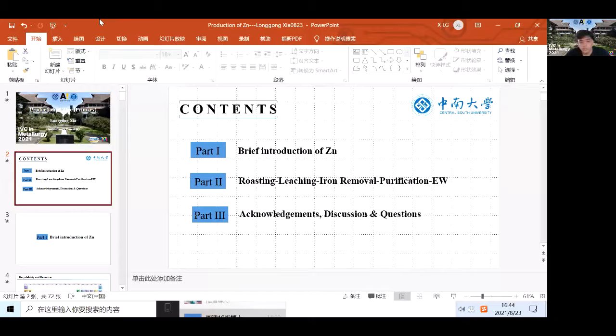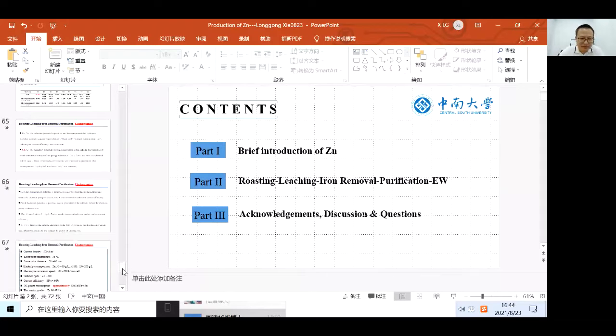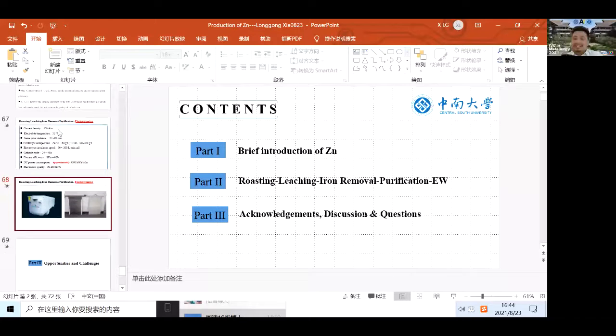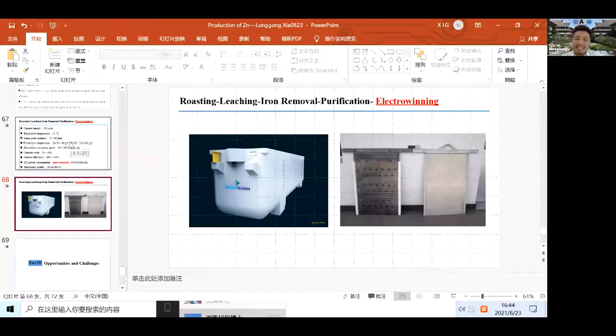Is there any specific reason on why we choose these materials as the electrodes? Thank you. Okay, can you repeat? The reason why selecting the certain alloy for the electrode.